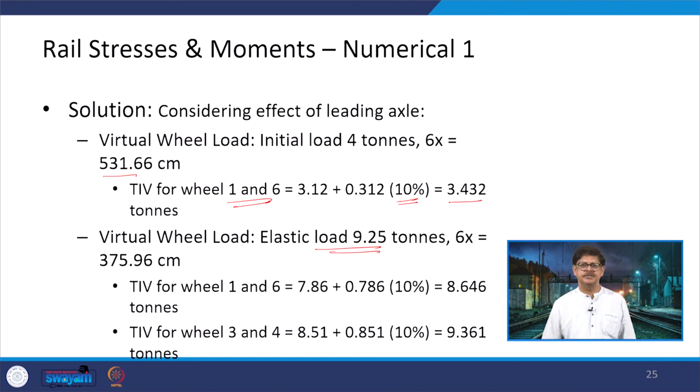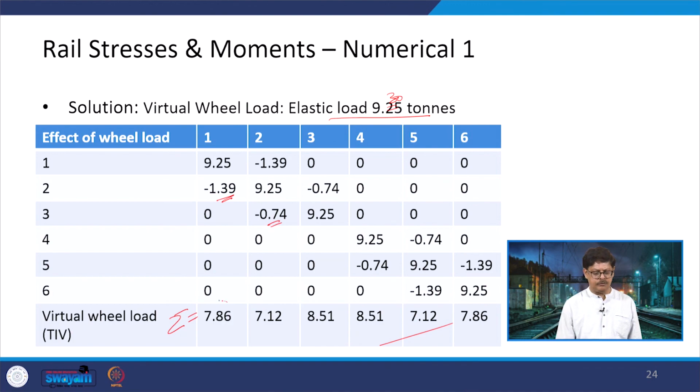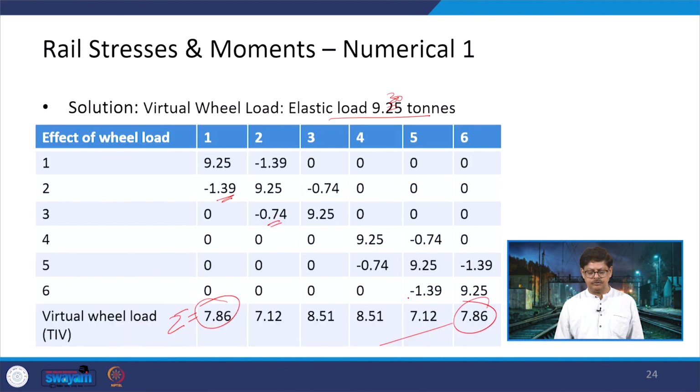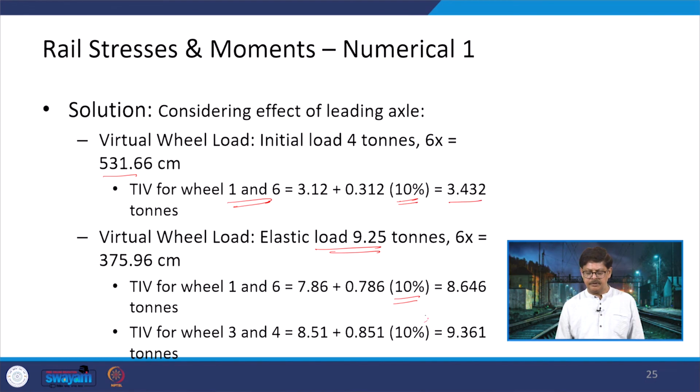One is for 1 and 6, but another one which we identified additionally was 3 and 4. So, for 1 and 6 the value is 7.86. So, this 7.86 has been increased by 10%, and in the case of 3 4 the value is 8.51. So, this 8.51 again is being increased by 10%, and we have got these 2 values.